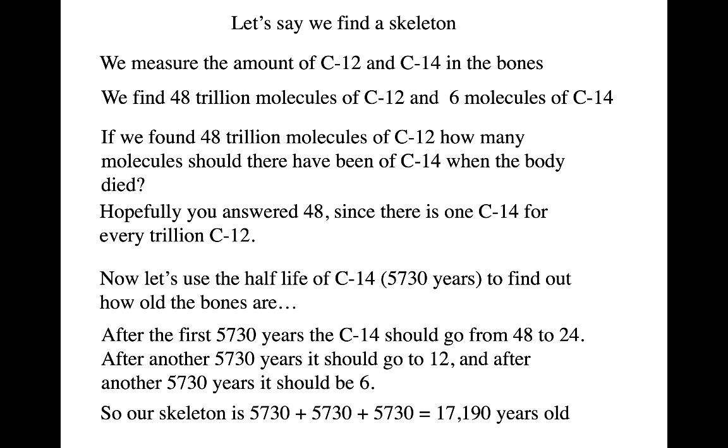Now there is a problem with this carbon-14 method that for a long time was calling into question whether it was even a valid form of dating. And it's because it makes an assumption, and that assumption is fairly large. That assumption is that the atmosphere we have today, where there's 1 trillion carbon-12s for every carbon-14 molecule, has been the same throughout history.